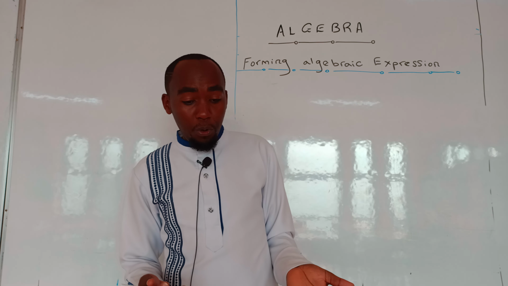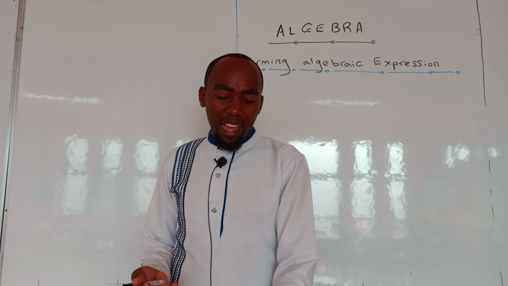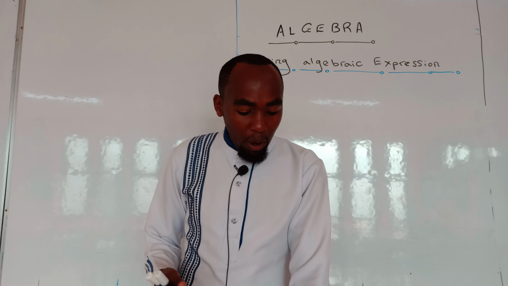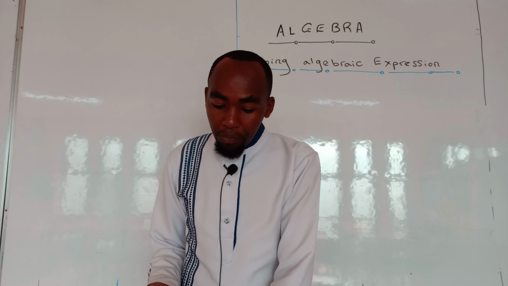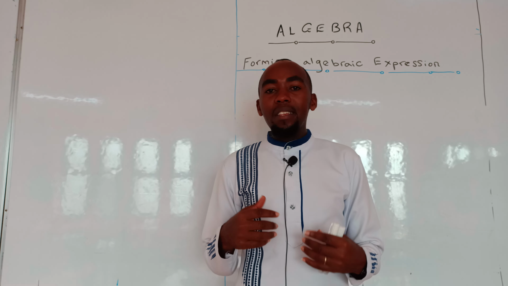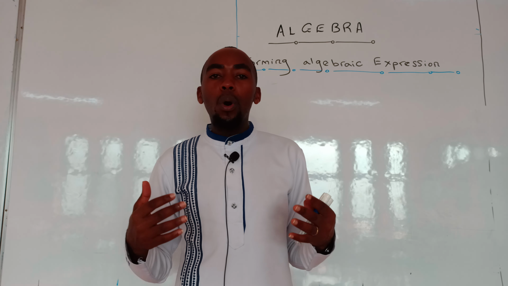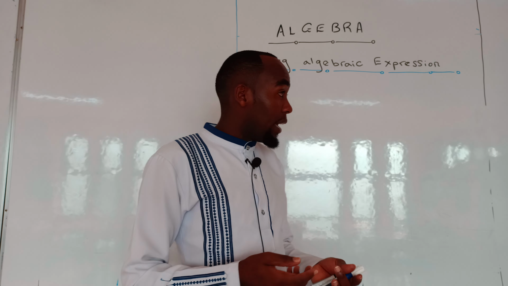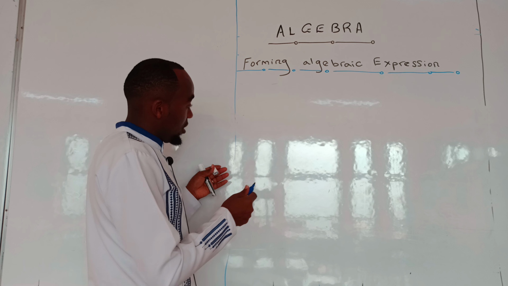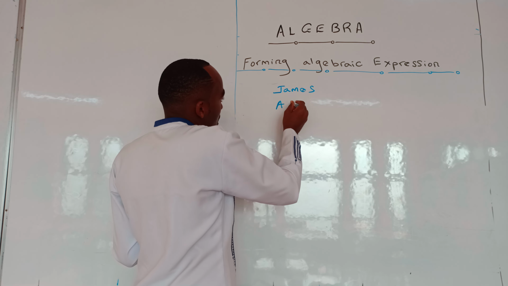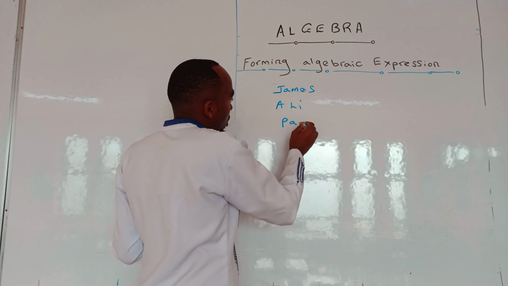Now, we will look at a few questions here and there that can help us to understand how to form an algebraic expression. A very good example here, we are told that a certain teacher decided to share books to a number of students. And these are James, Ali, and Paul.